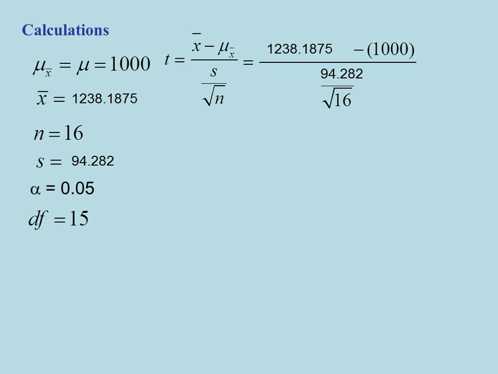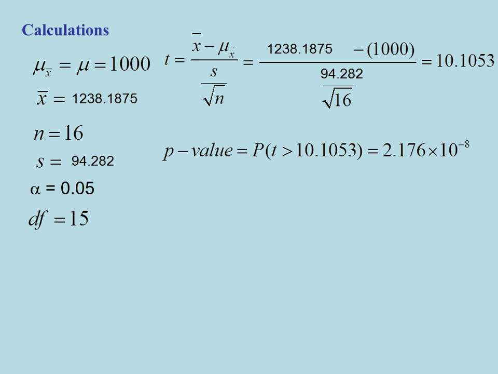So since now we can calculate the t-value, go ahead and do that division out. Our t-value comes out to 10.1053. And again, because we are doing a t-value, you must go to the 4th decimal place.